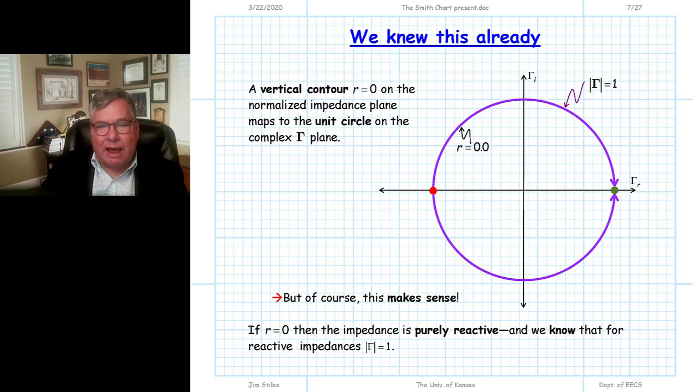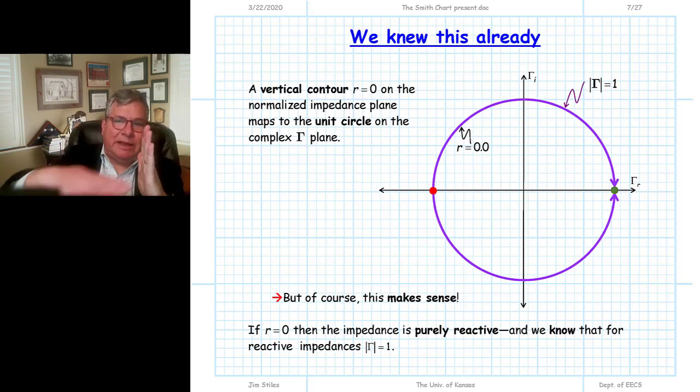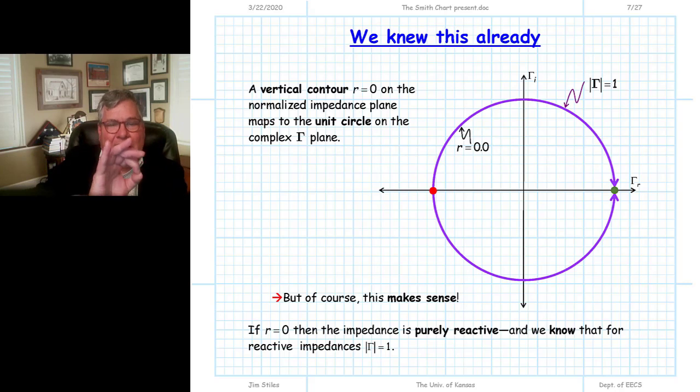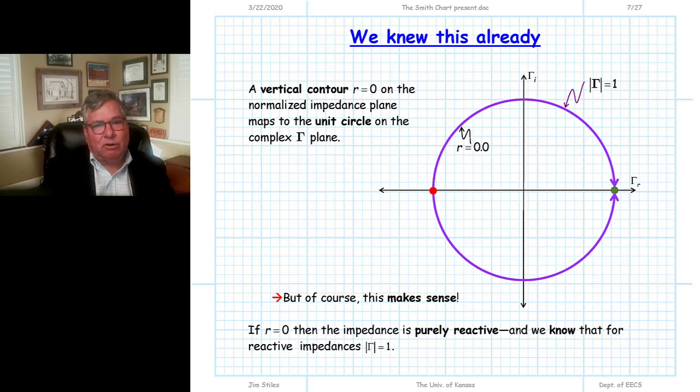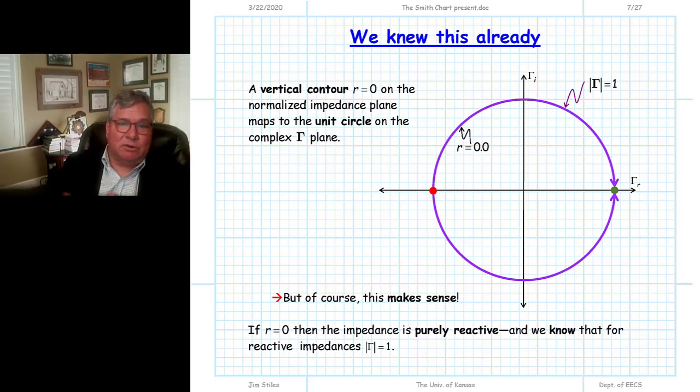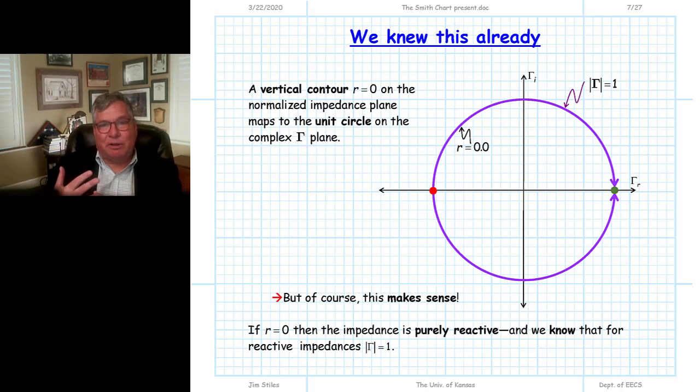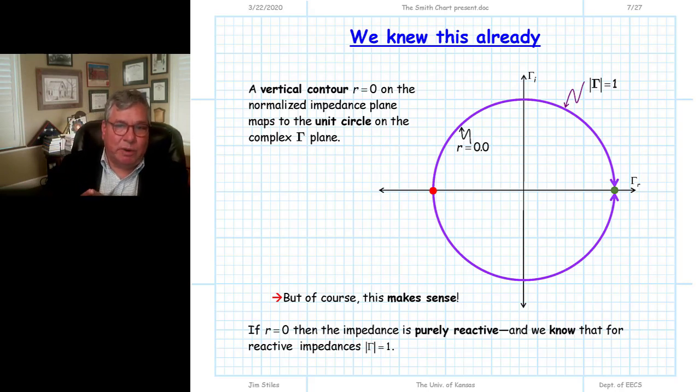One thing I do want to point out, though, is how it maps now onto the unit circle. We know our vertical contour on the normalized impedance plane will intersect the horizontal axis at the origin of the normalized impedance plane. This is the location where not only is the real part of the impedance equal to 0, but the imaginary part is equal to 0 as well.